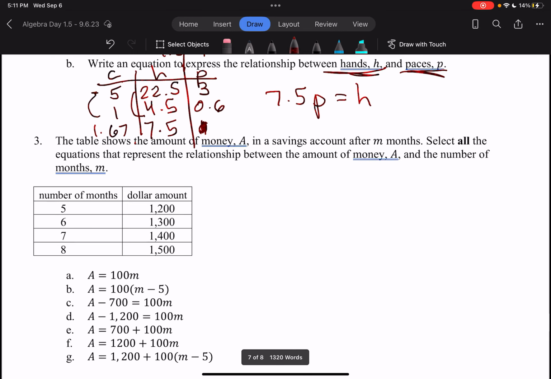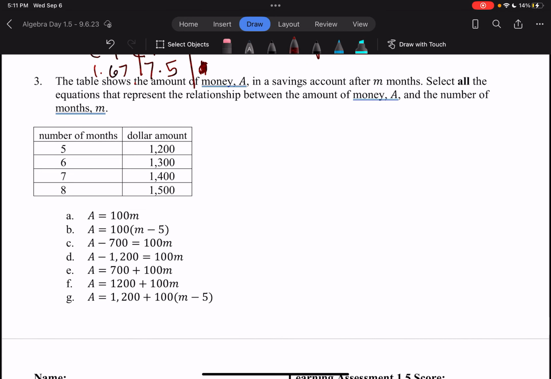All right. Number 3 says the table shows the amount of money A in savings account after M months. Select all the equations that represent the relationship between the amount of money and the number of months M. So we're looking here to see which of these equations match up with this table right here.